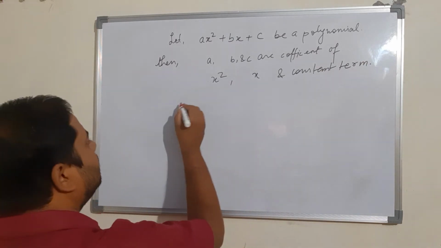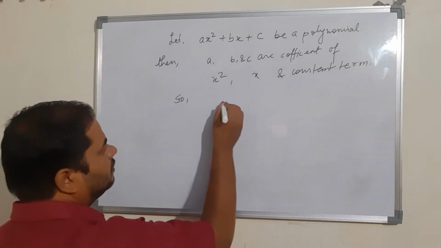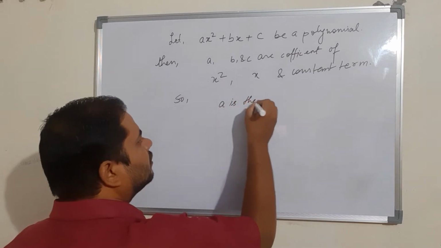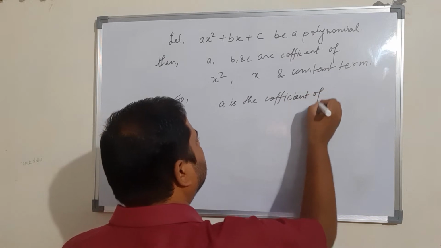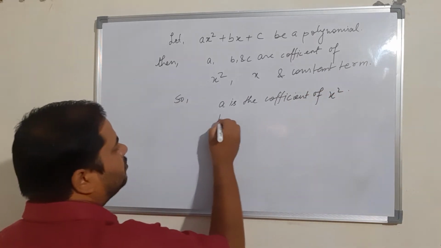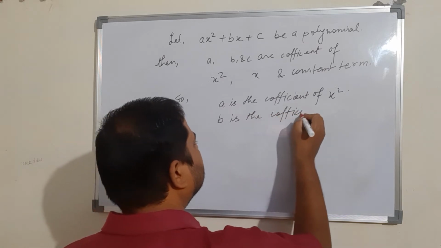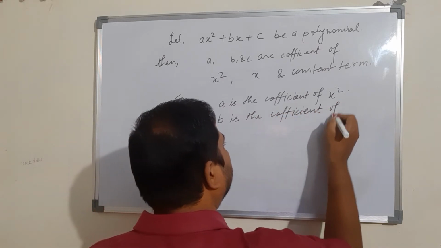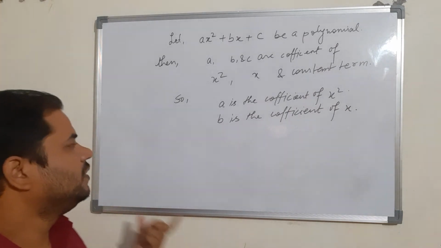Okay, so a is the coefficient of x square, b is the coefficient of x, and c is the constant term.